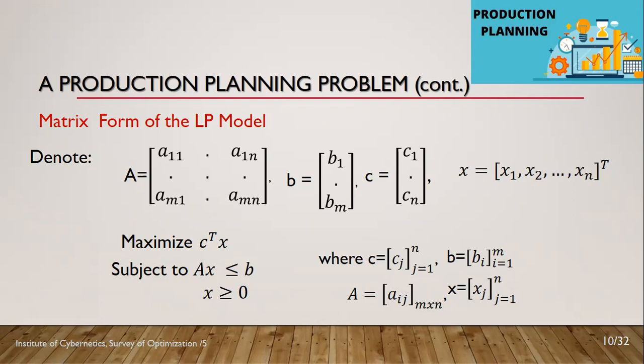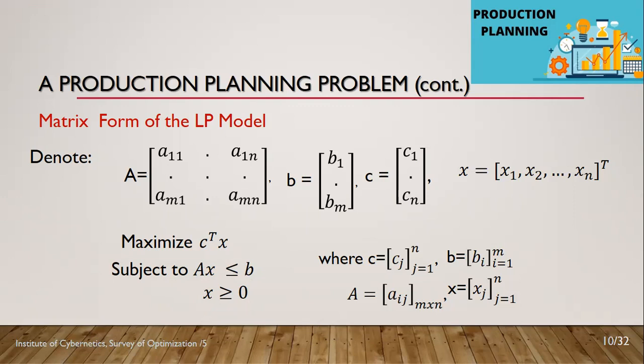So the final view in compact fashion will look like c transpose times x to maximize for the objective function, subject to matrix A times vector x is less than or equal to vector b, and x greater than or equal to zero stands for the non-negativity of the decision variables.